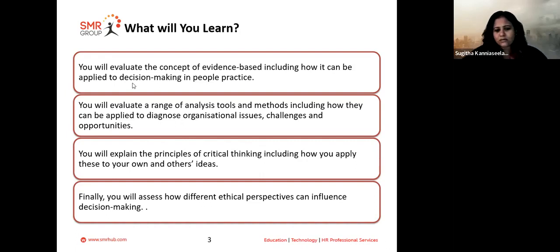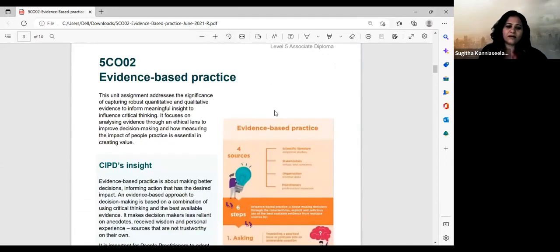Now, let's first look into the assignment question for this particular module. Just to read out a little bit for you: this unit addresses the significance of capturing robust quantitative and qualitative evidence to inform meaningful insight to influence critical thinking. What we are looking at in this module is how we generate data and useful information, qualitative and quantitative, that we can use when we make decisions, hence evidence-based practice.